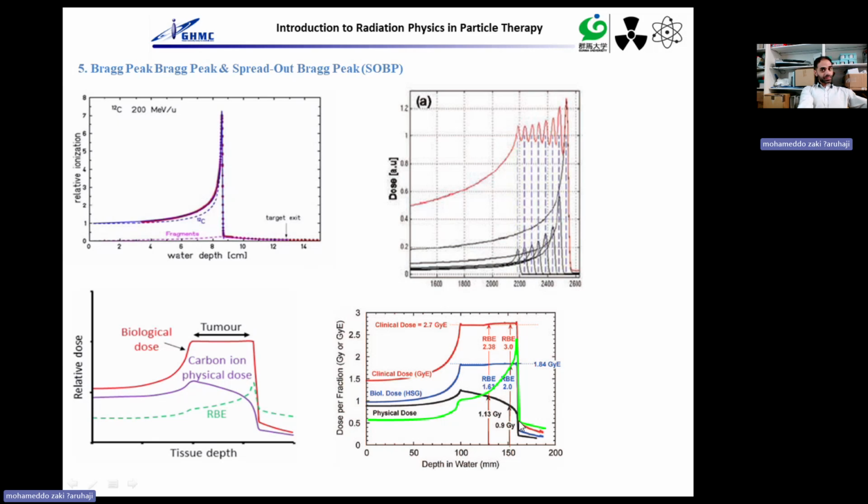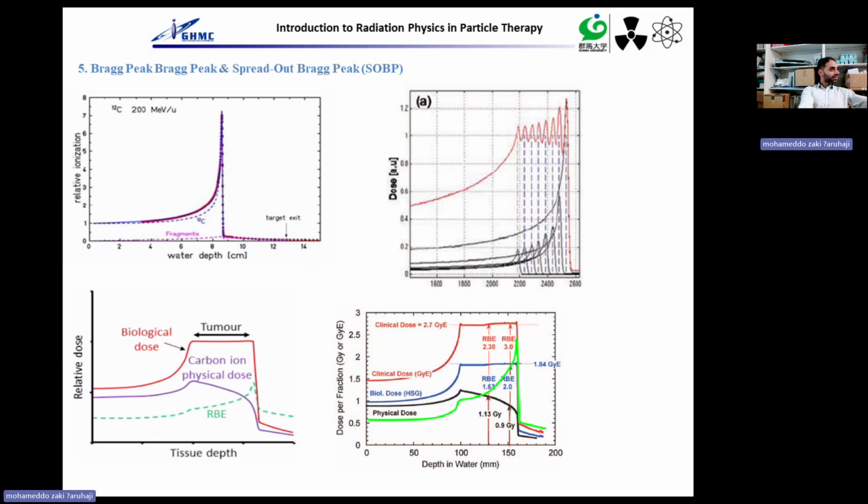So the higher the stopping power, the lower the dose. Right?